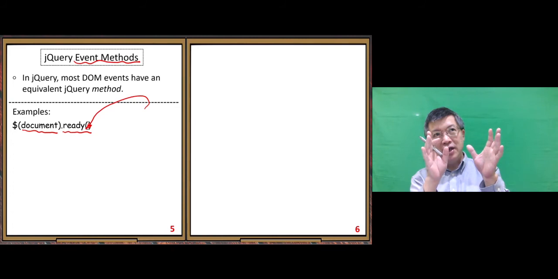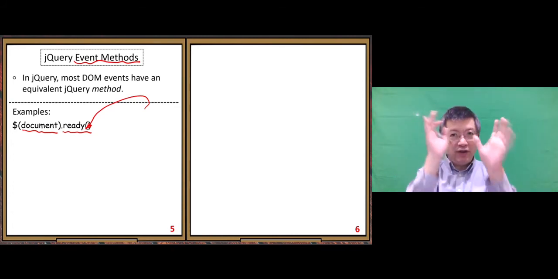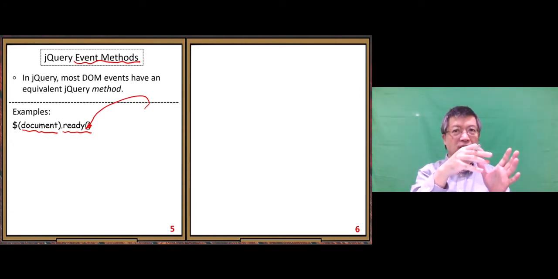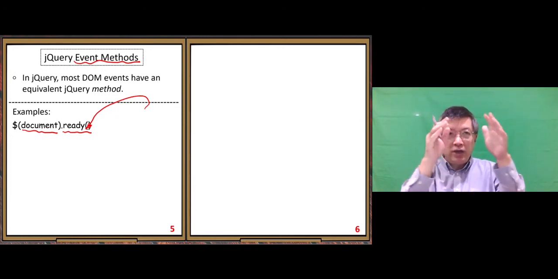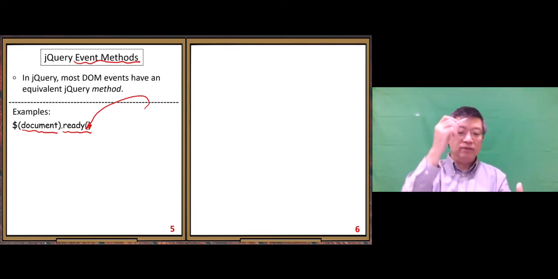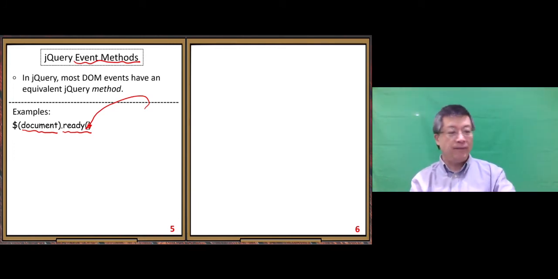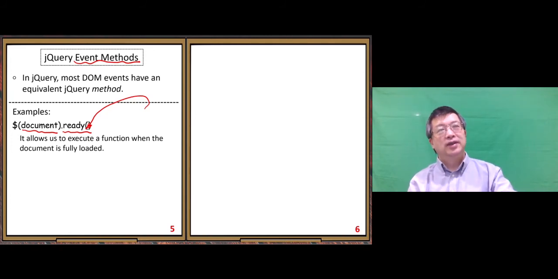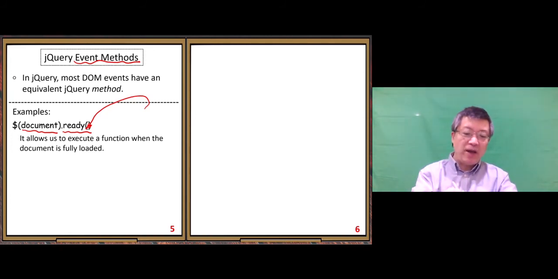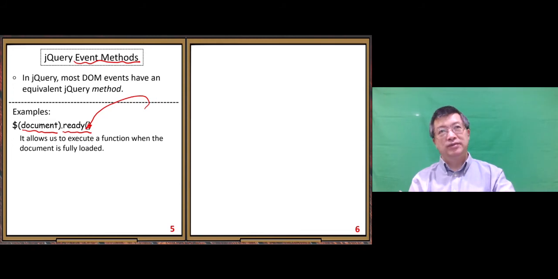You can pass a callback function. Then when the document is loaded, you execute the function inside the parentheses. It allows us to execute a function when the document is fully loaded. Whatever the function, you can pass it in. All right.